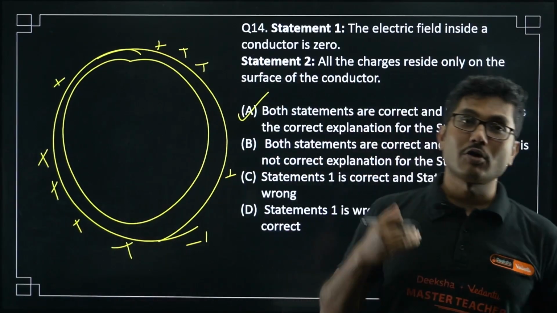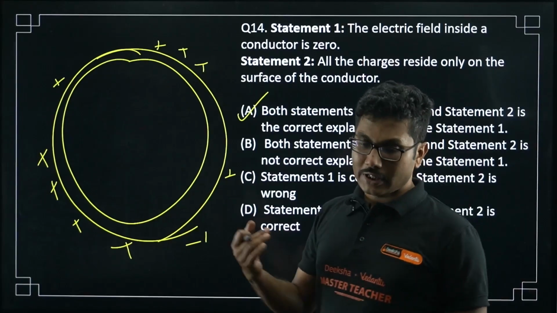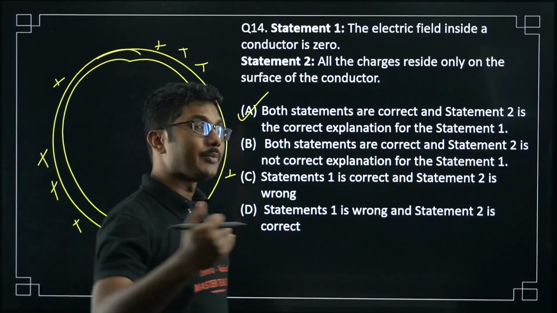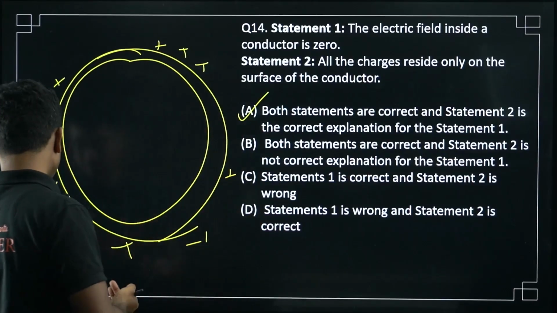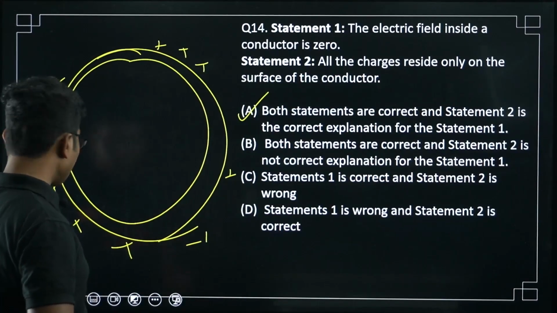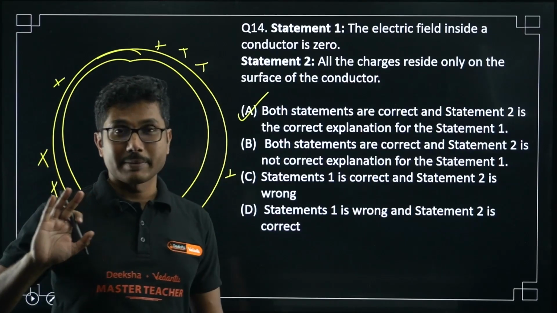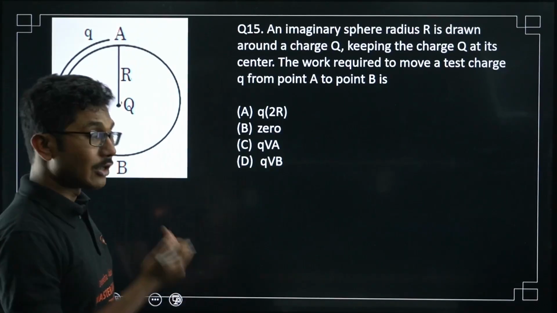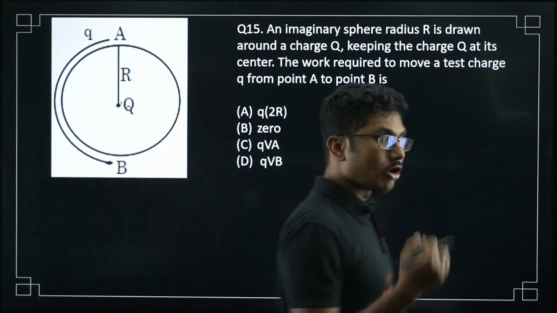So I am expecting at least one statement based question to come in your board exam. That is my expectation. Even though in the last 2 years there was no statement based question, I am expecting there will be one this year. All the statement based questions are considered to be HOTS questions.